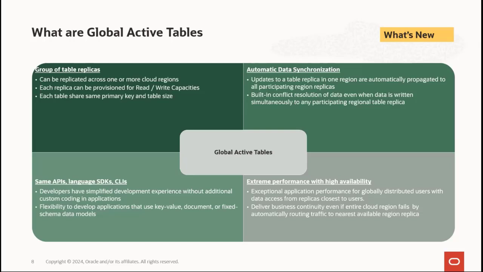Each of the tables will be a replica, or a copy, of one another. Any write activity that occurs in region 1 will be asynchronously replicated over to region 2. If you do writes in region 2, those writes will be replicated to region 1. Now, you're not just limited to 2 regions.